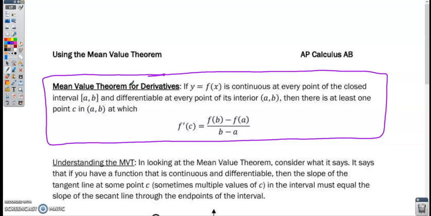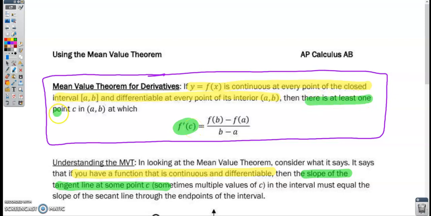In looking at this, consider what it says. If we have a function that's continuous and differentiable on an interval, and that's where we get right here, if we have a function that's continuous at every point on an interval and differentiable everywhere in that interval, then the slope of a tangent line at some point c, that's this right here, f prime of c, there's at least one point c in the interval.